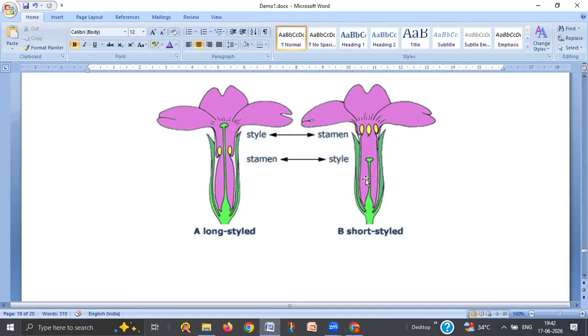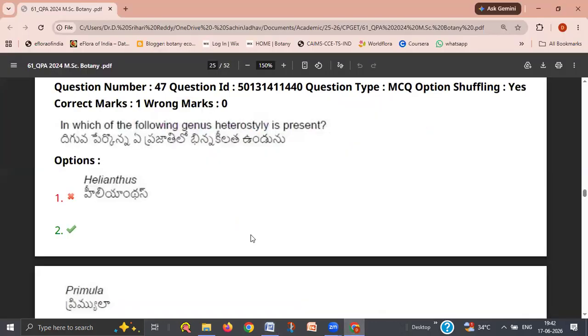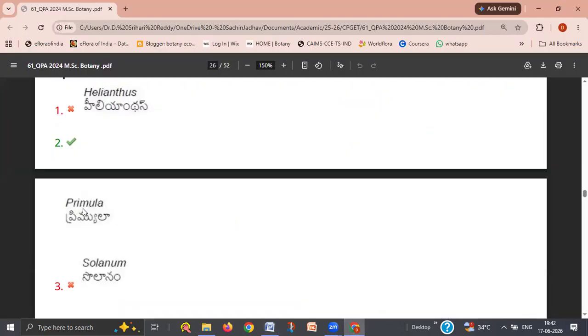So this is called heterostyly. Here, it is also called the distylic condition. It is present in Primula. Helianthus is the wrong answer. Primula is the right answer.